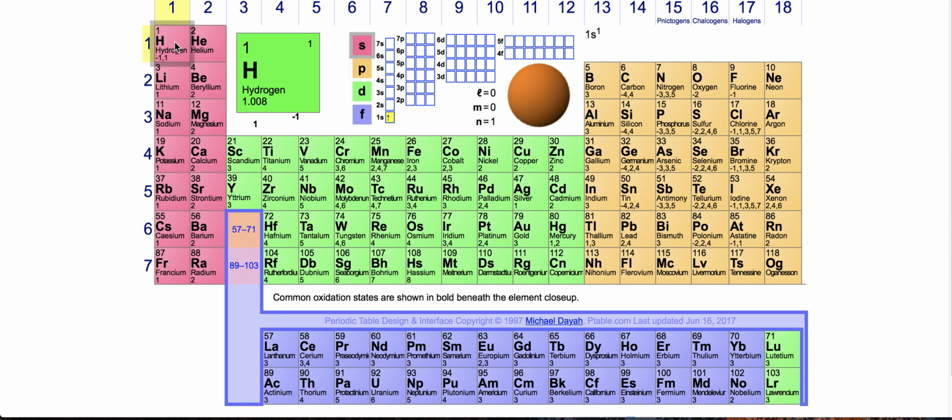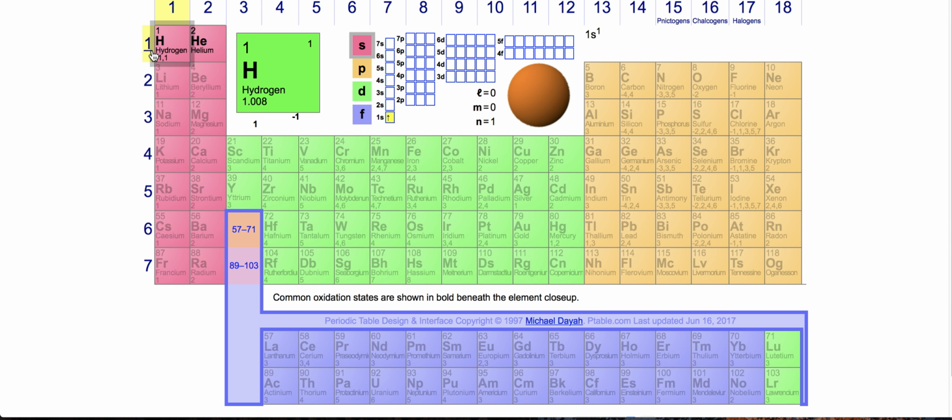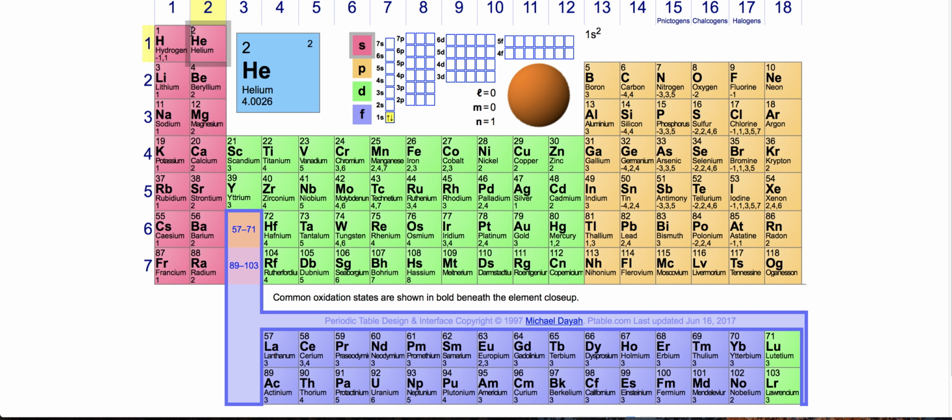So hydrogen, again from yesterday, the period number and the energy level number are the same number. And subsequently the last electron that went into these elements went into an s orbital. Look at that.